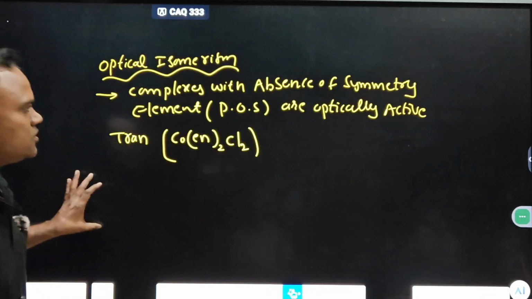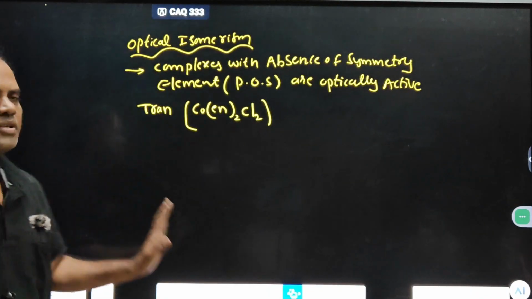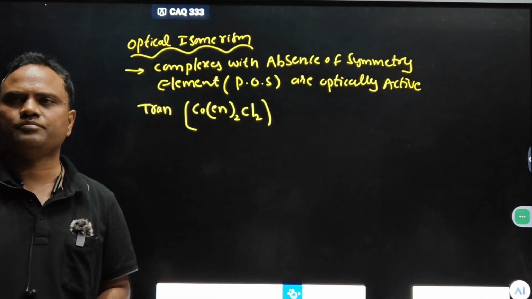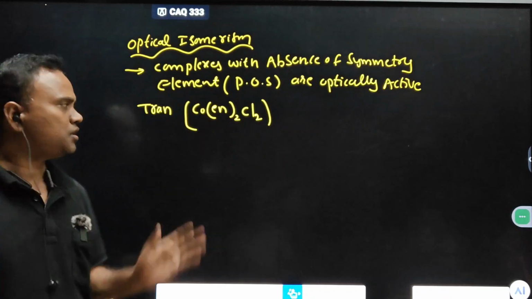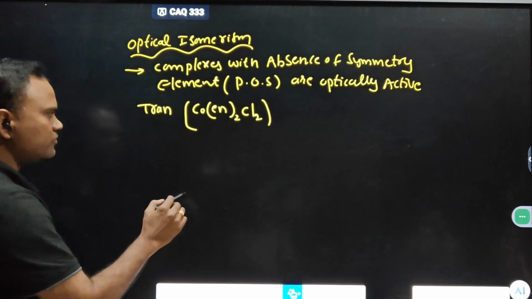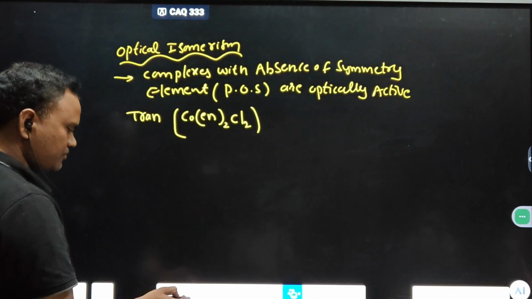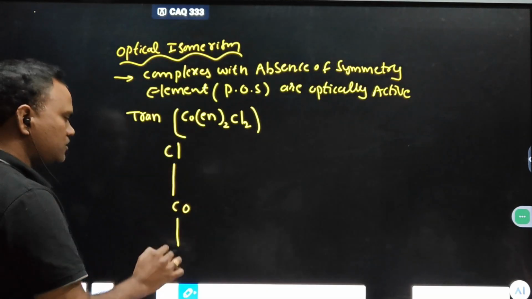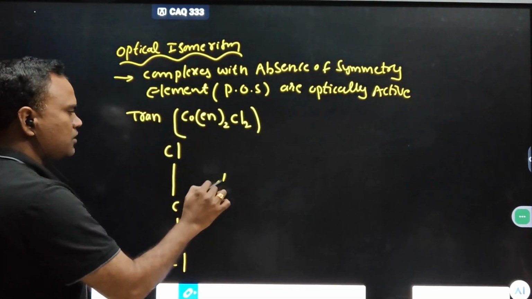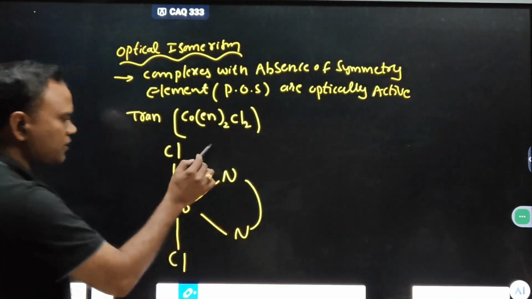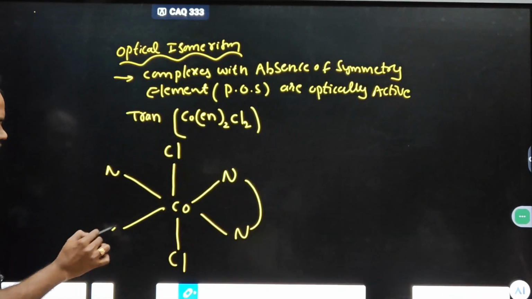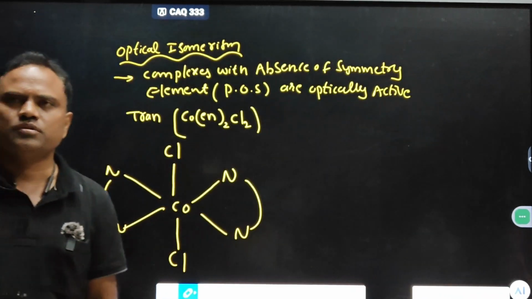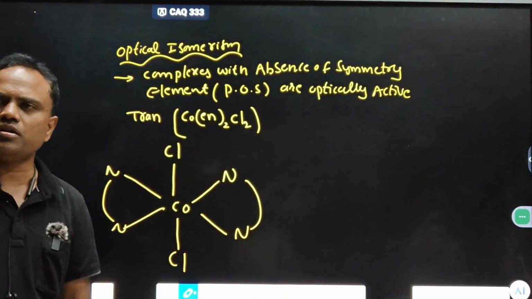Once you tell me whether the plane of symmetry is present or not. Trans form. How to write the trans form? See, cobalt, Cl, N, ethylenediamine. You tell me, is the plane of symmetry present or not?